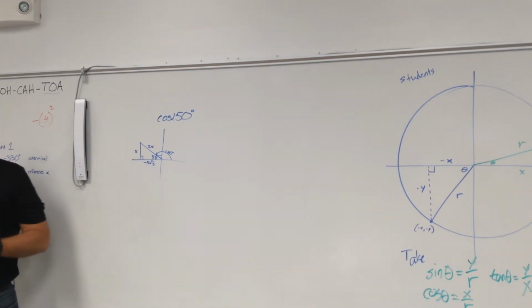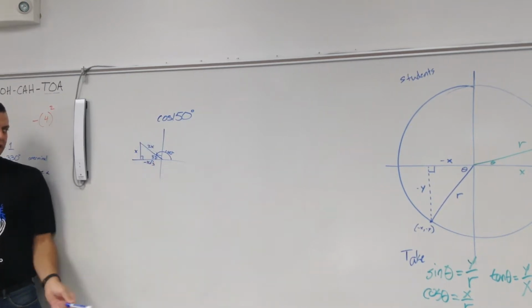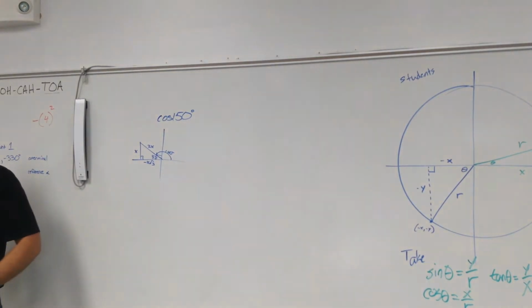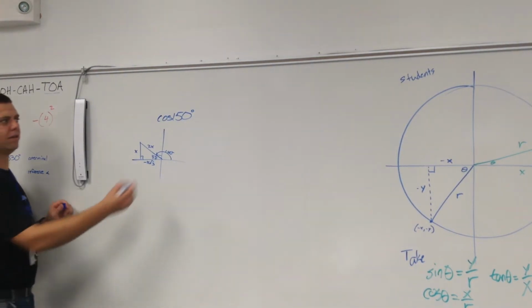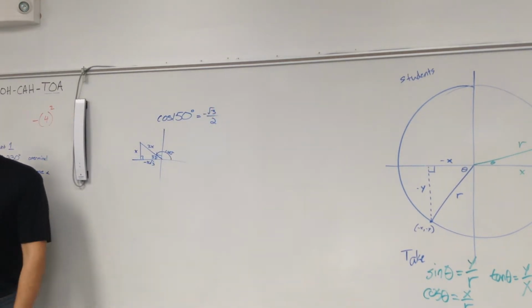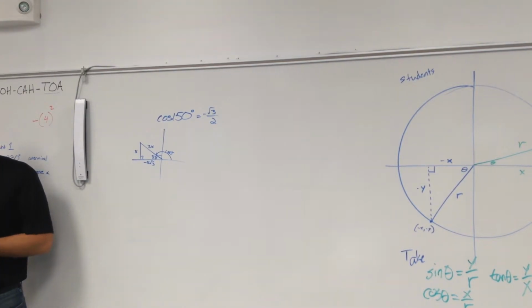If I were going to do cosine of 150, cosine is adjacent over hypotenuse, negative x root 3 over 2x. Shockingly, what do we get? Negative root 3 over 2. It's amazing how these values are the same over and over again, but it's all because they come back to these same two triangles that we're dealing with all the time.